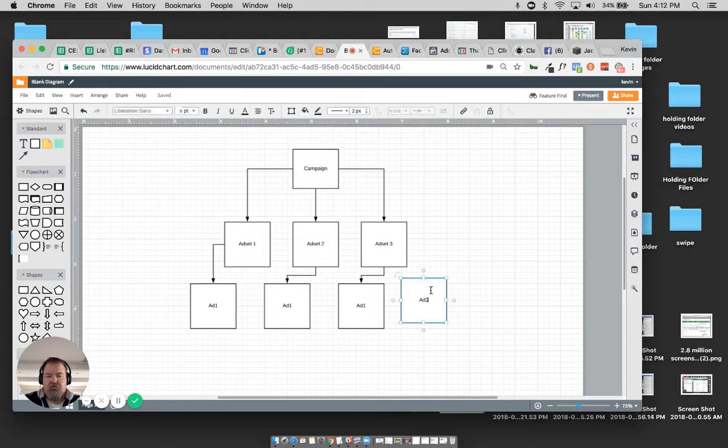In this case, this would be ad 2, maybe. So this is how the structure of the account is set up. There's a campaign at the top. You have ad sets. Then you have ads under each ad set. And I'll show you how all this works, but this gives you the breakdown of that.